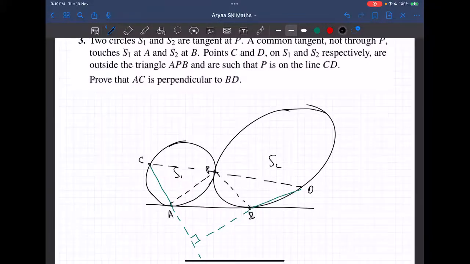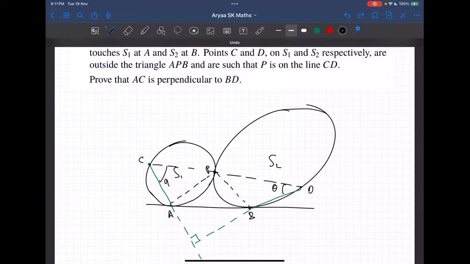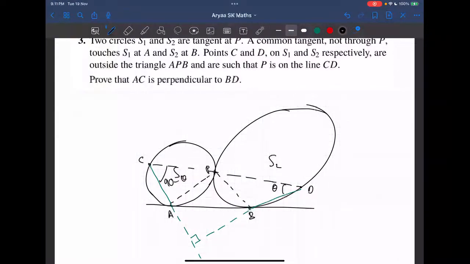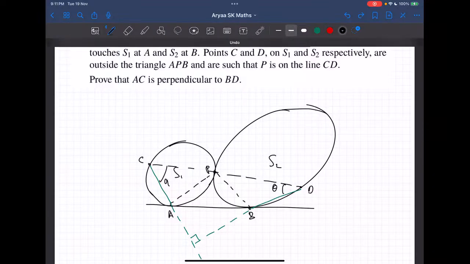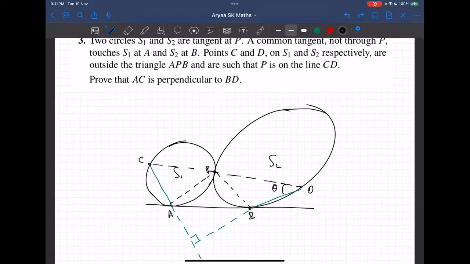We'll label this angle theta. Now if we can prove that this angle is 90 minus theta, then we'll know that this angle here must be 90. So there's our goal. We need to prove that this angle here is 90 minus theta. So how can we do that? Now let's try and use some circle theorems.